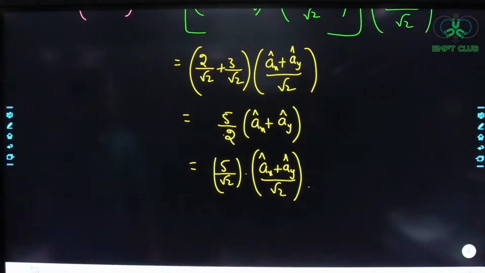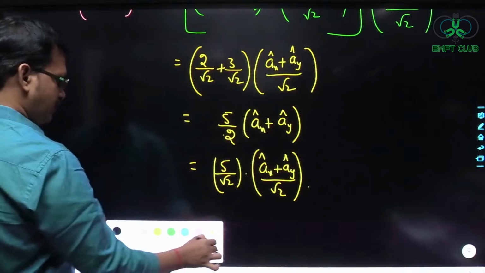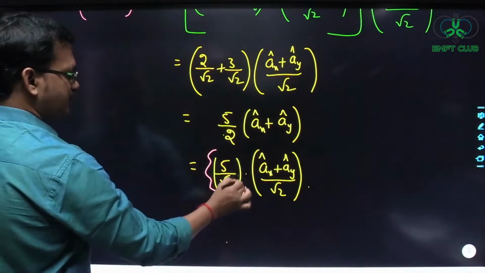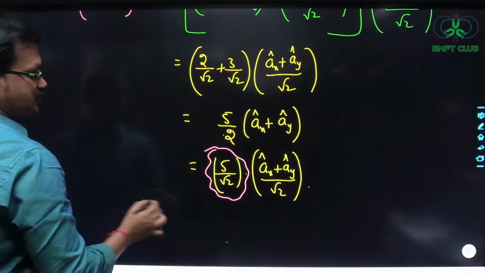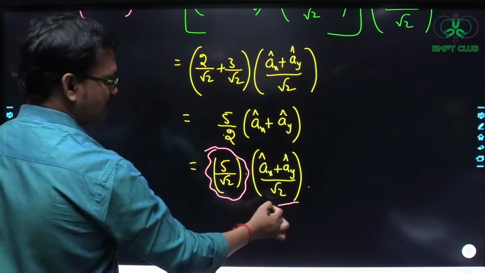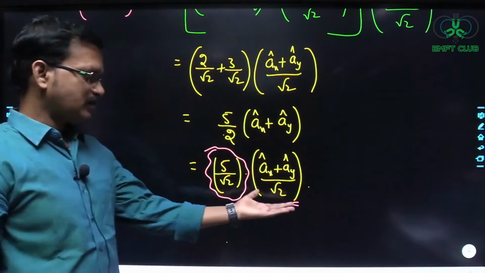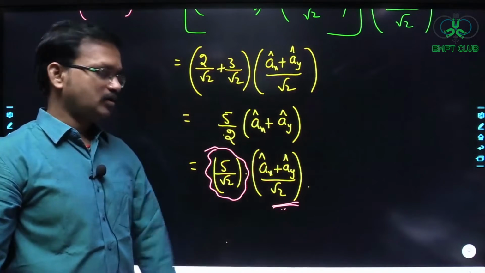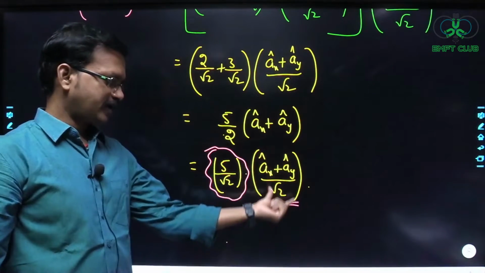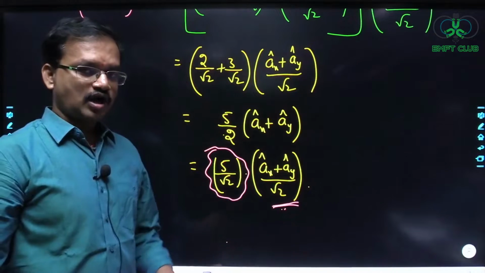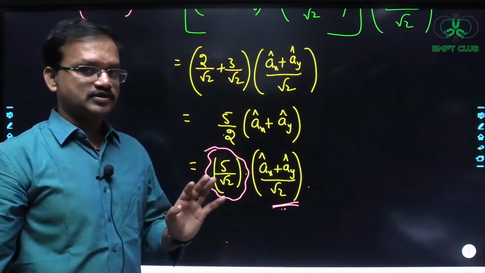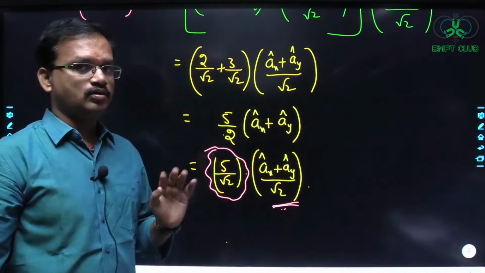Right? So here 5 by root 2 is the magnitude, and AX cap plus AY cap by root 2 is the unit vector. Yes or no? This is a unit vector or not? AX cap plus AY cap by root 2. What is its magnitude? Its magnitude is equal to 1. See, always remember the magnitude of a unit vector must be equal to 1.